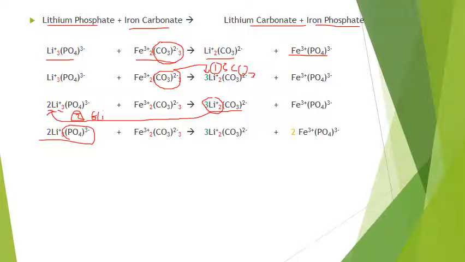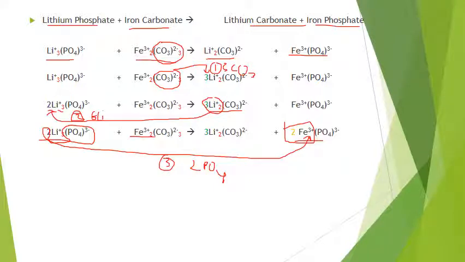Now I stick with this substance here. I look at my phosphates. I have 2 phosphates, so I come over here and put a 2. That's my third step, to get 2 phosphates. And that's fixed. Then look at my irons. I need 2 irons, and it's done.